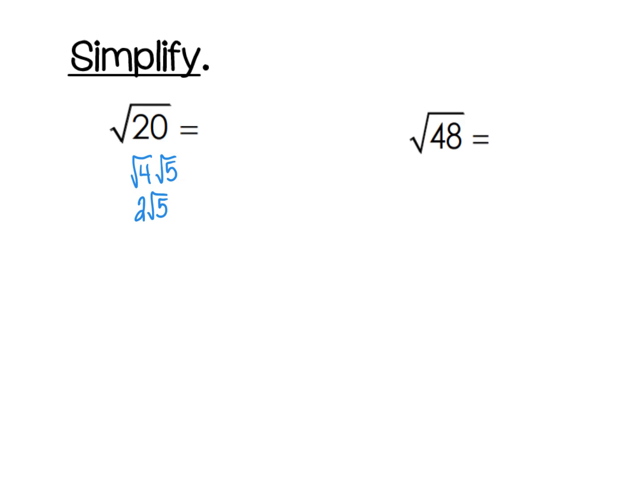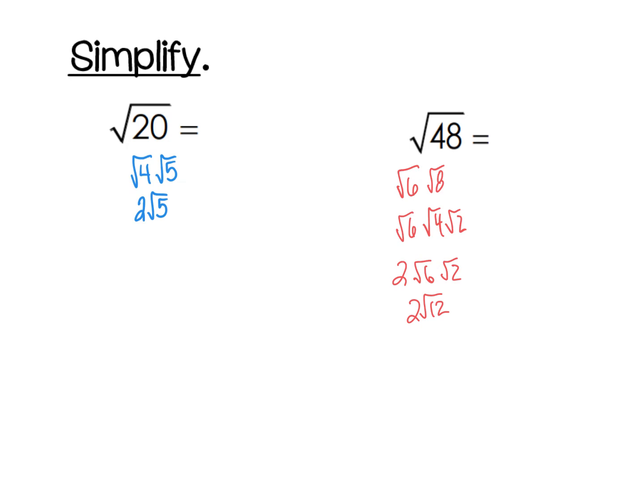Now 48, I'm going to do 2 different ways because I want to show you what happens when you don't pick the biggest perfect square. A lot of times what people do is they'll see 48 is 6 times 8. They'll recognize neither one of those are perfect squares, but they recognize 8 is going to be the square root of 4 times the square root of 2. Well, we know the square root of 4 is 2, and then we still have the square root of 6 times the square root of 2 left, which is the square root of 12.